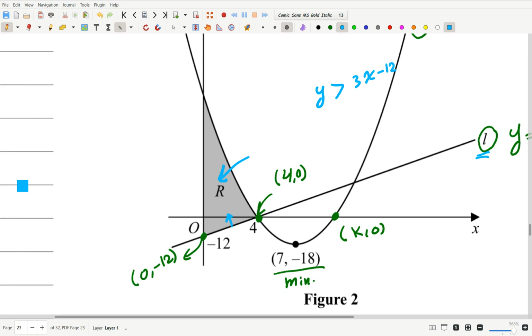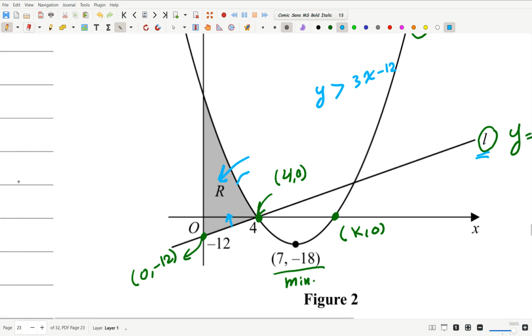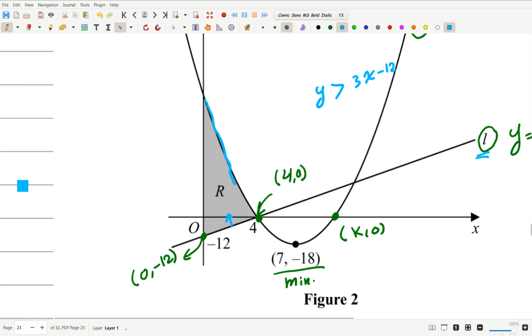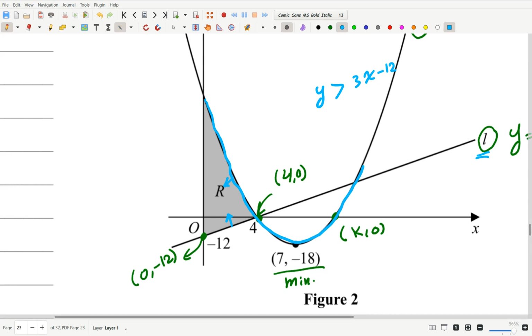And here, this curve is the quadratic equation, which is C, and the shaded area is under the curve. So y will be less than 2 times (x minus 4) times (x minus 10).